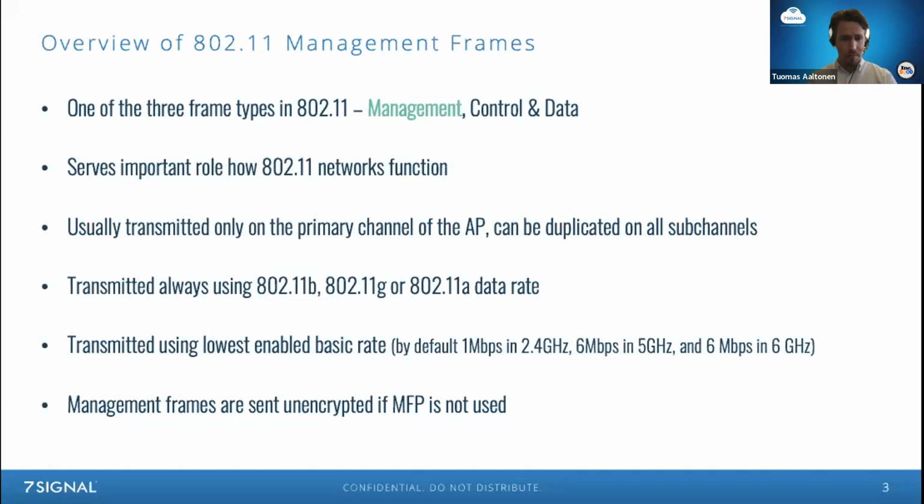These frames are usually transmitted only on the primary channel of the access point, so it's good to be aware of that. On the 5 gigahertz band, if you have an access point using channel bonding, maybe a 40 megahertz wide channel, that means the access point only sends these management frames on the primary channel, and on the bonded channel it wouldn't send these frames.